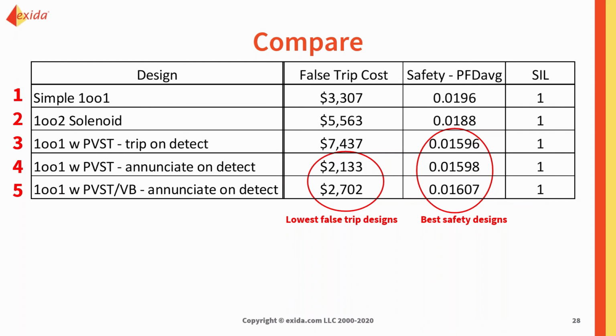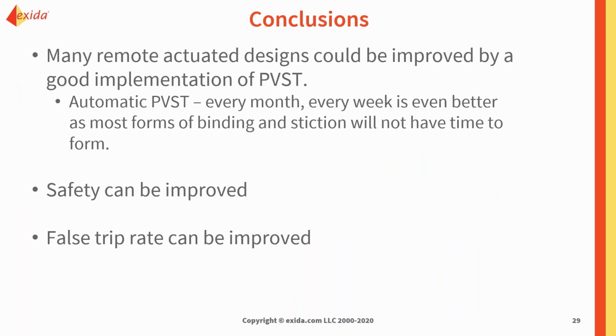So there are some other design comparisons we can do, and we might do those in upcoming webinars. And the one thing we know we don't want to do is utilize designs that increase the false trip rate, right? So what are the conclusions we can draw from our analysis here? Many good actuated designs can be improved with the application of a well-designed partial valve stroke test.